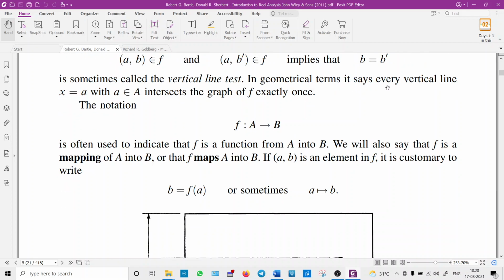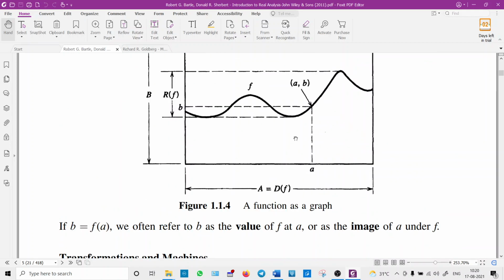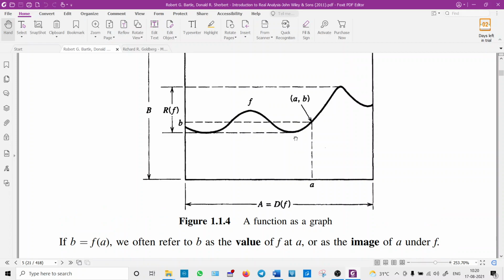See here, in geometrical terms it says that every vertical line with x equal to a, with a belongs to capital A, intersects the graph exactly at one point. See, this is an example they have given. Everything you can understand from this single graph. This graph is my function, and you see the domain that is called D of f.